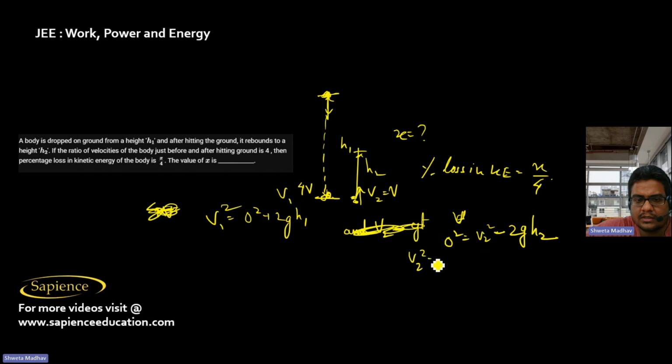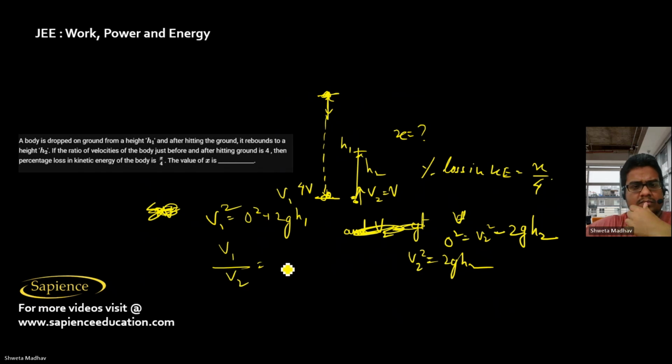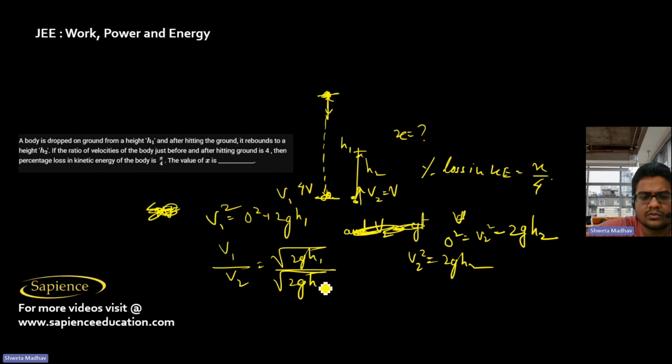So it means V2 square equals 2GH2 and V1 square equals 2GH1. So their ratio V1 by V2 is root 2GH1 by root 2GH2, so that is root over H1 by H2, and that is given as 4.